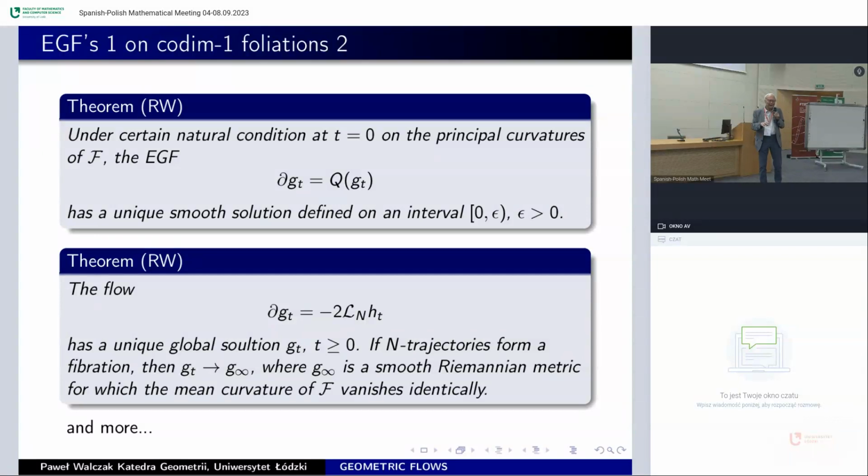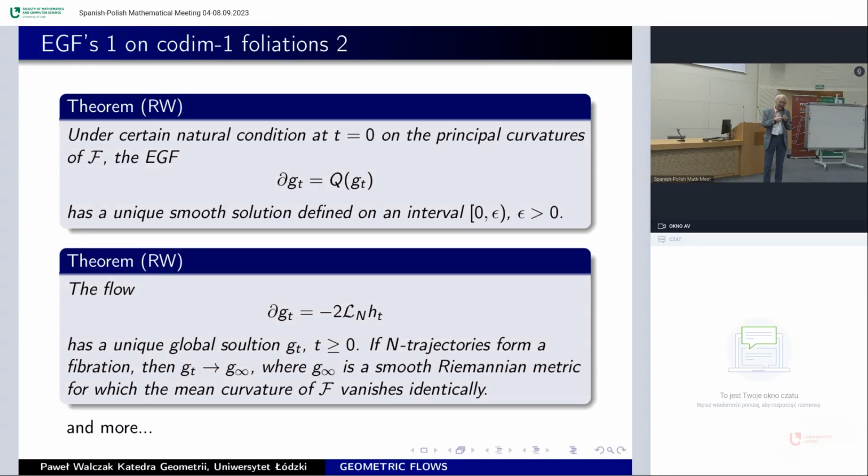Anyway, this flow has a unique global solution for all non-negative t. Now this solution converges to a smooth Riemannian metric, called here G infinity, for which the mean curvature of F vanishes identically.